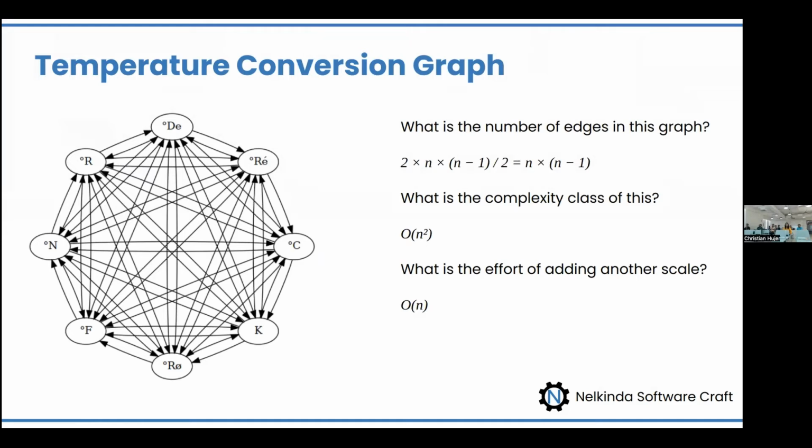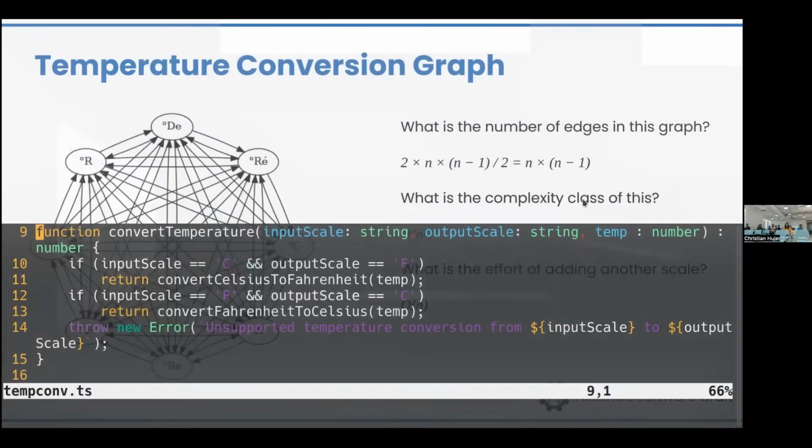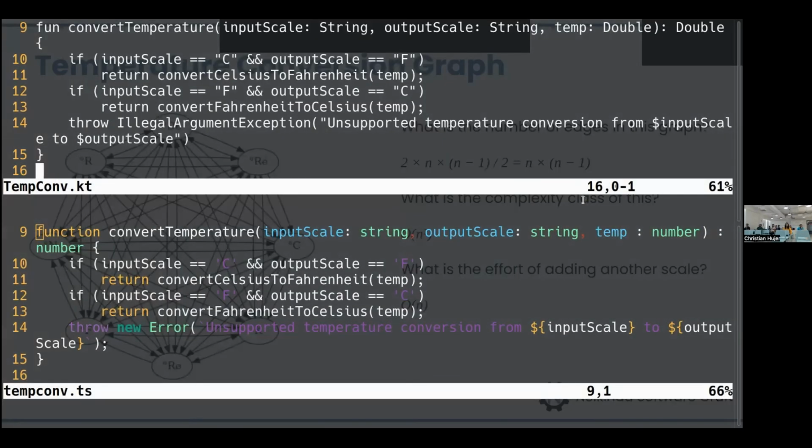So when I look at the source code, what I definitely can do is make a map where the key is a pair of two strings and the value is a pointer to the function. And then I just have to get my entry from the map. If I don't have one, I throw the exception. Otherwise, I call that function.